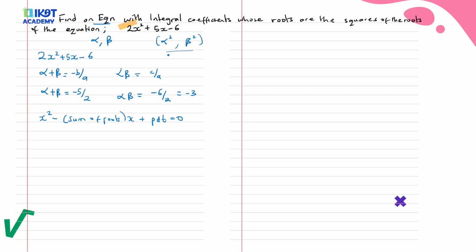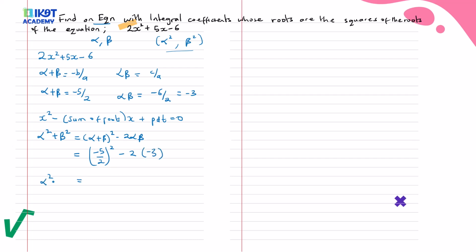So if we can find the sum, which is alpha squared plus beta squared, in our earlier example, we realized that alpha squared plus beta squared would be alpha plus beta squared minus 2 alpha beta. So what would this be? This is negative 5 out of 2 squared minus 2 into negative 3.